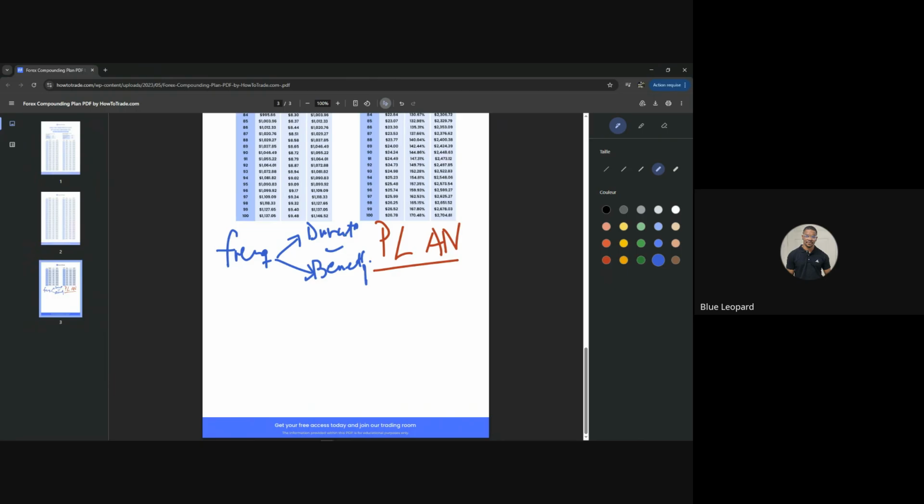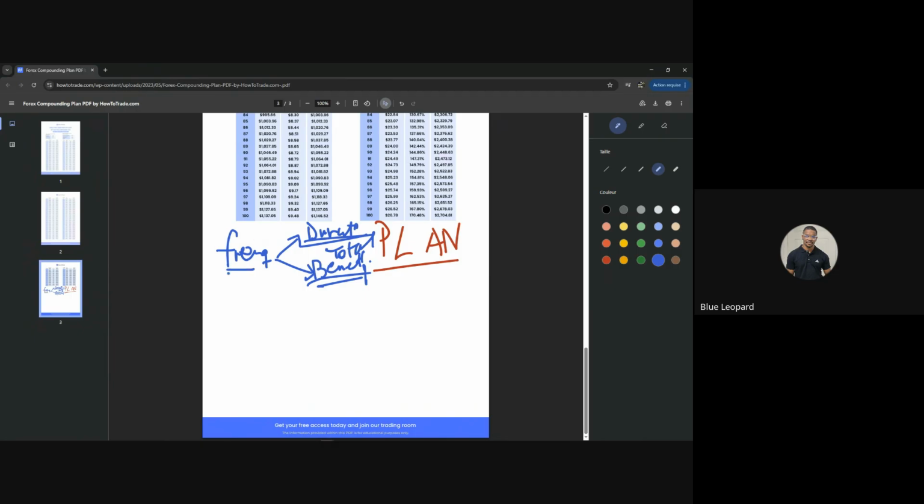So the total benefit will be affected. Just dropped my phone, sorry. So the total benefits and the duration will be affected by the frequency. If you go fast, you'll make money fast and you will reach here fast. Okay?